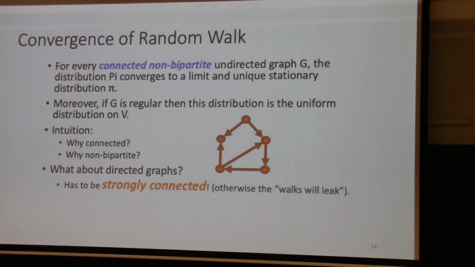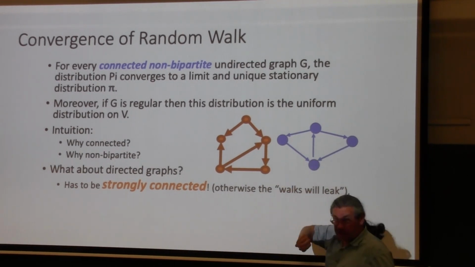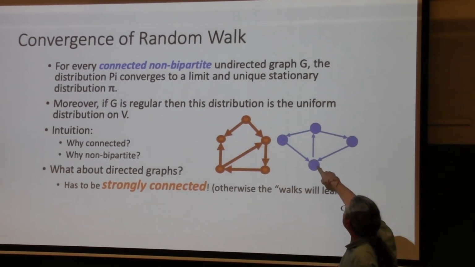It means that if it's not strongly connected, what happens? Okay, so that's one thing. Here's another one. Notice this graph here. So this one on the left is strongly connected, so we're good. The right one is also strongly connected.